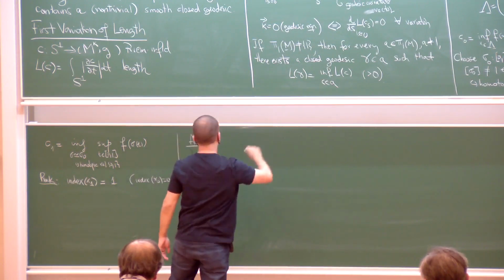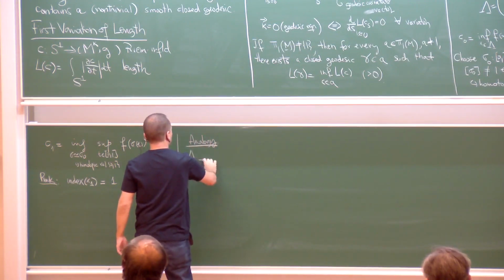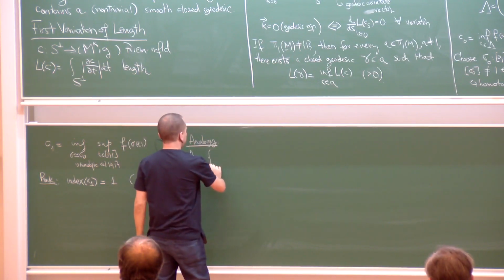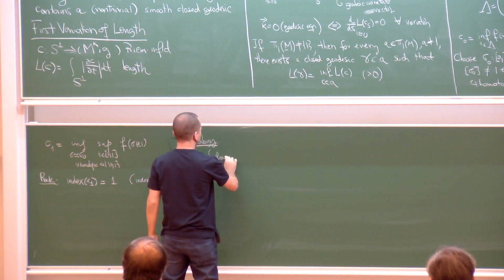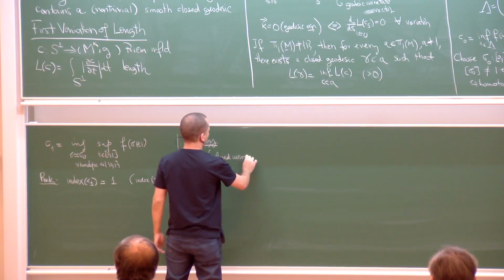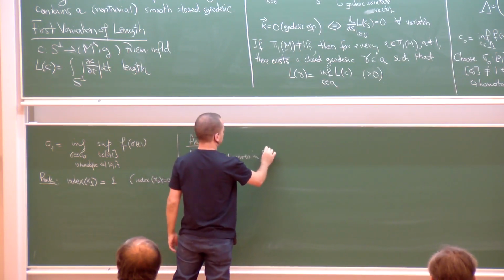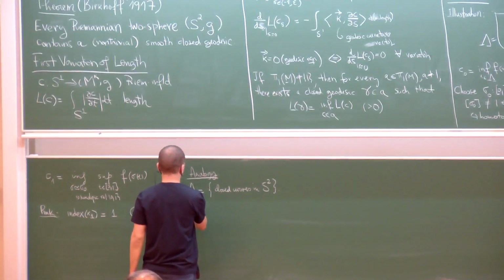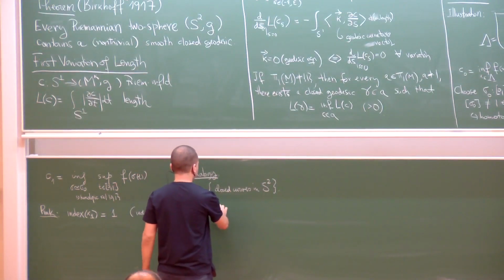So now you take lambda. I'm now back to the problem here. So lambda is going to be the space of all closed curves in S2. So the functional f is going to be the length functional.